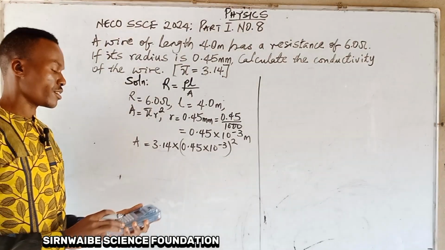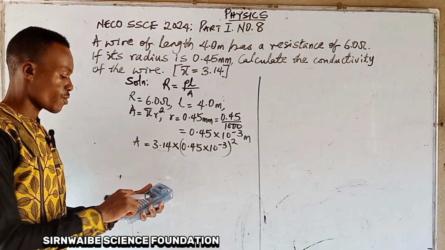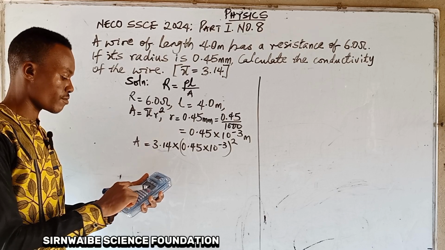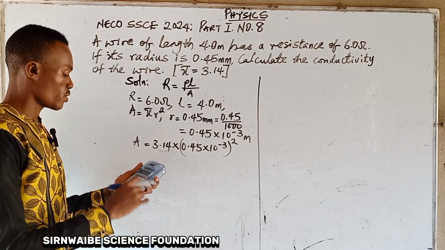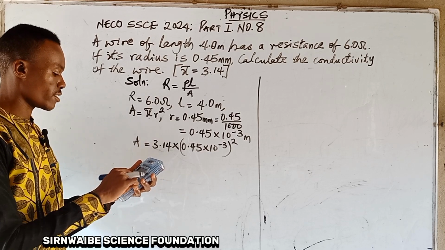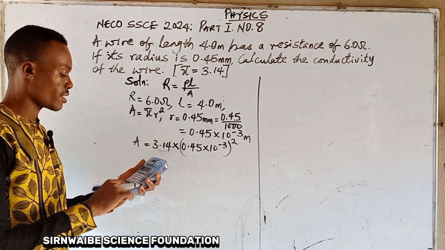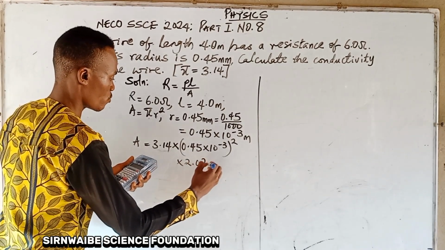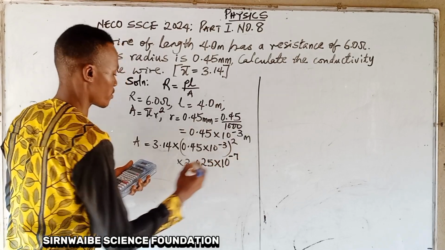In solving this, we first find the square of 0.45 times 10 raised to power minus 3. We're going to have 2.025 times 10 raised to power minus 7.